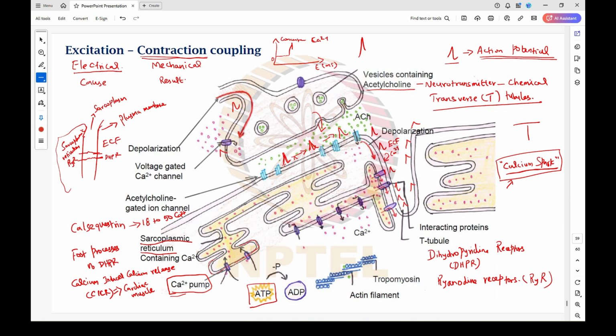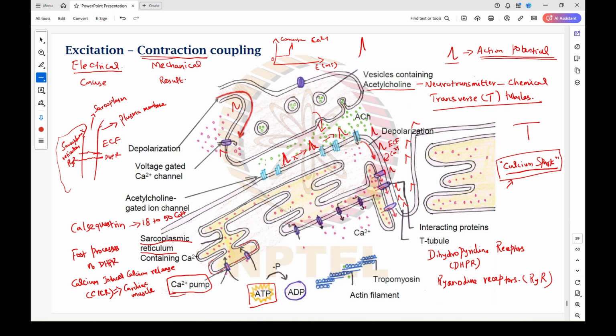So the electrical impulse that comes up, the action potential that is generated, starts the DHPR, which then kickstarts the ryanodine receptors, which are responsible for outflux of calcium ions from the sarcoplasmic reticulum.